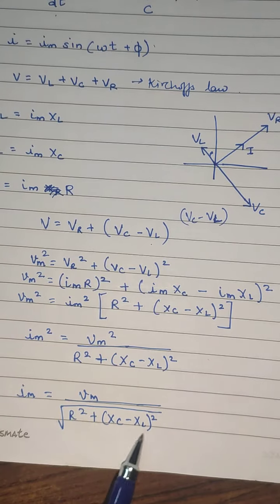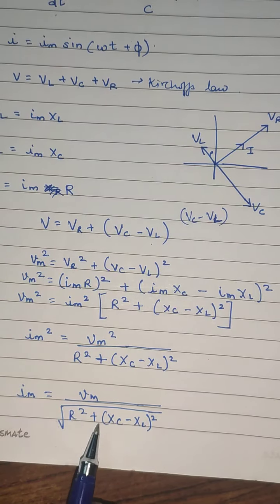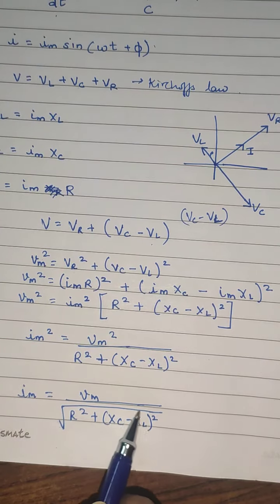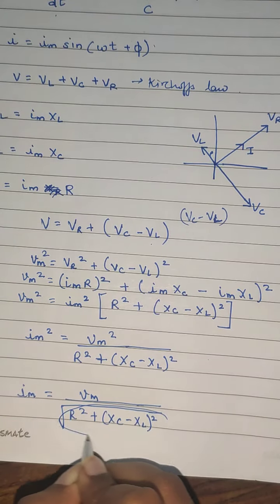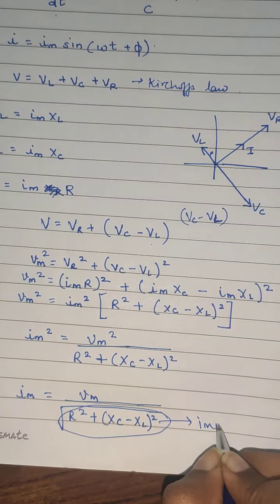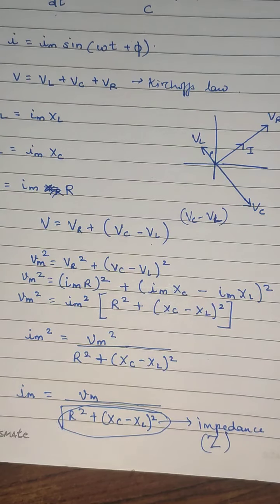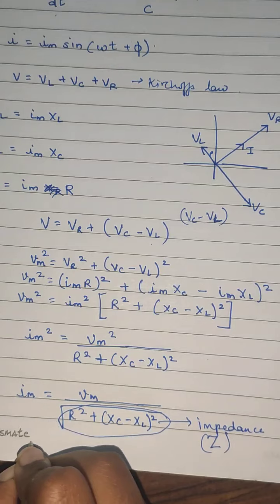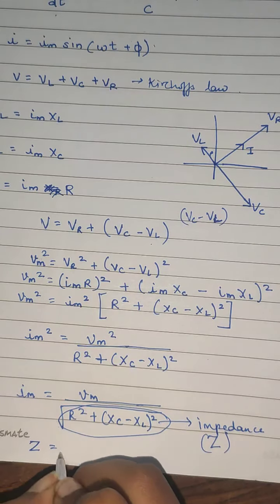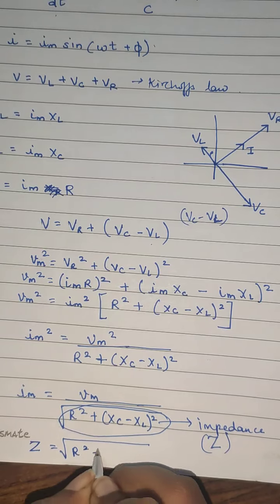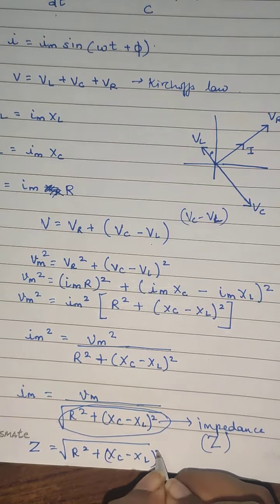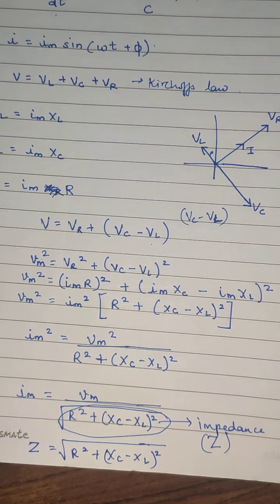Now this entire denominator, the root of R square plus XC minus XL the whole square, this whole term is called impedance, and it is denoted by the letter Z. So Z, that is impedance, is equal to the root of R square plus XC minus XL the whole square. Now what is impedance? Impedance is the effective resistance in the LCR circuit.